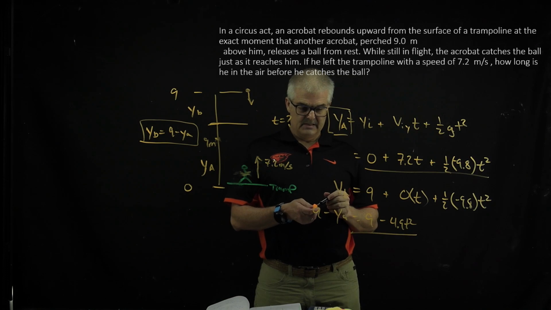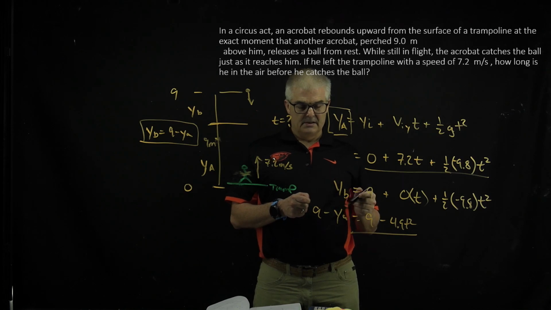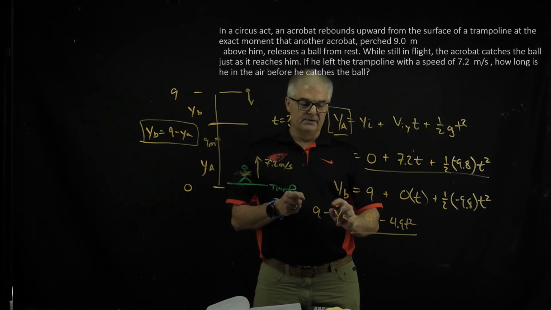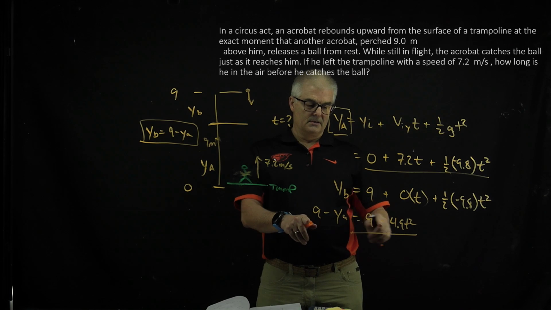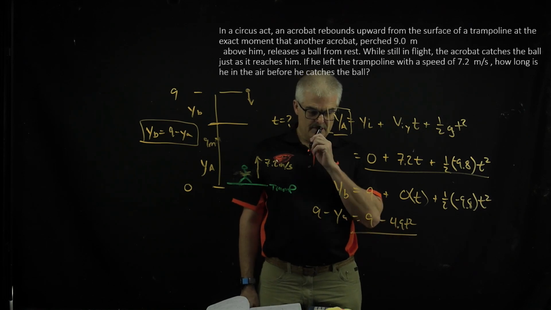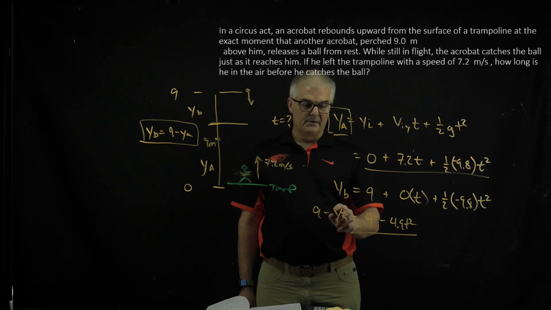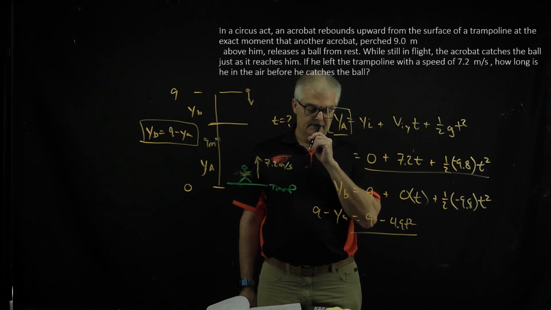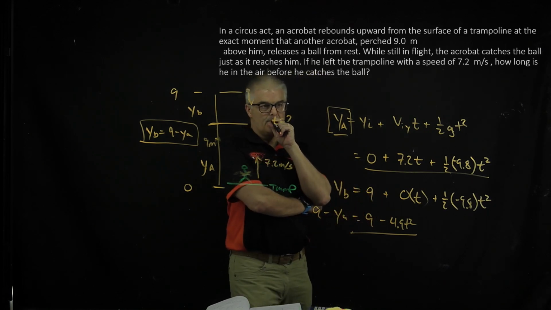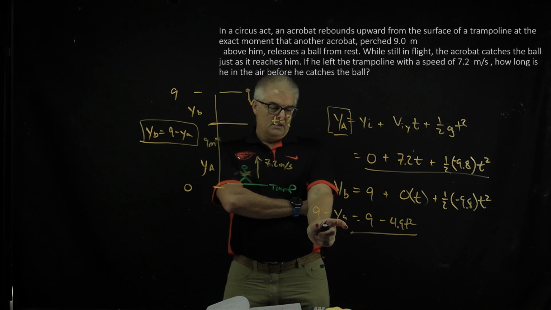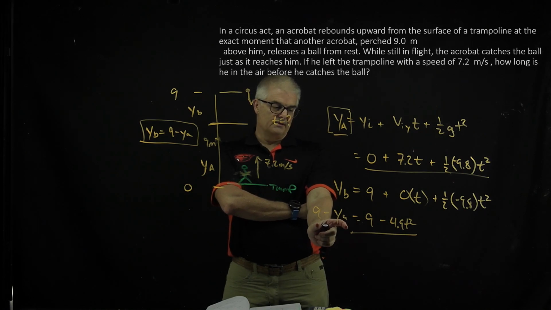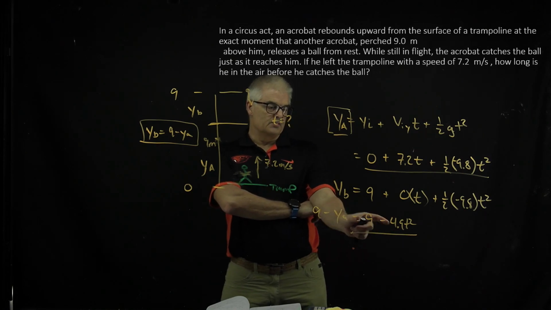All right, does that make sense? Oh, wait, hold on. We want to simplify this. When these two equations are true at the same time, the height will be the same.